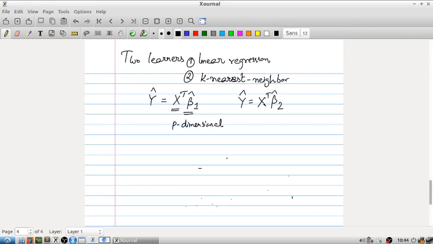Then beta is also p-dimensional, right? This notation superscript T just represents the transpose operation. If x is p-dimensional and beta is also p-dimensional, then what is the dimension of y?